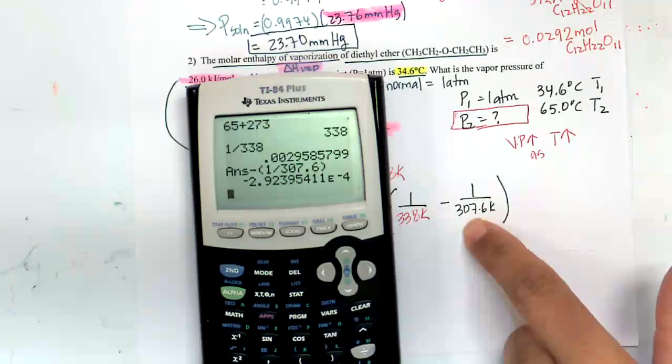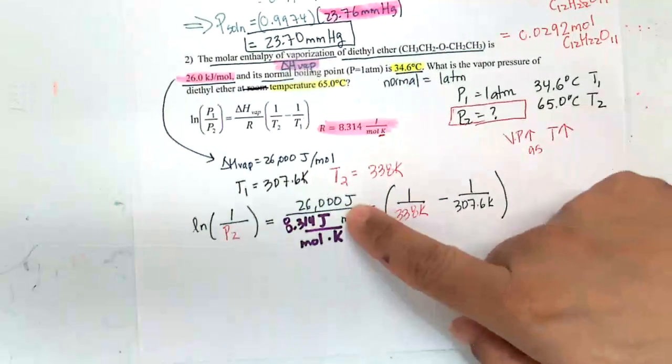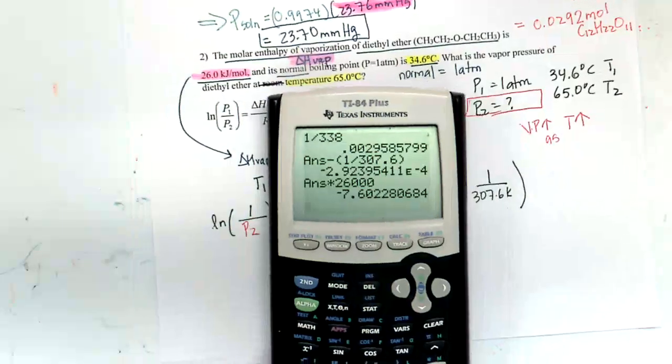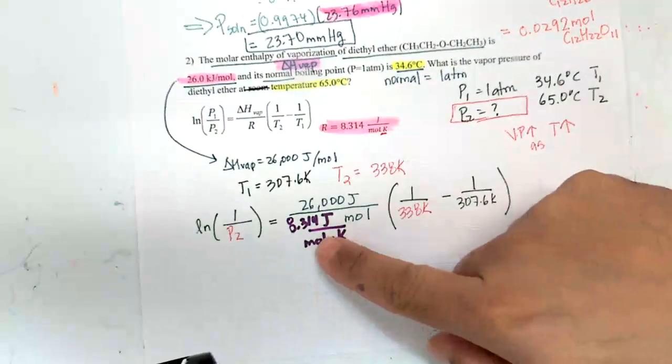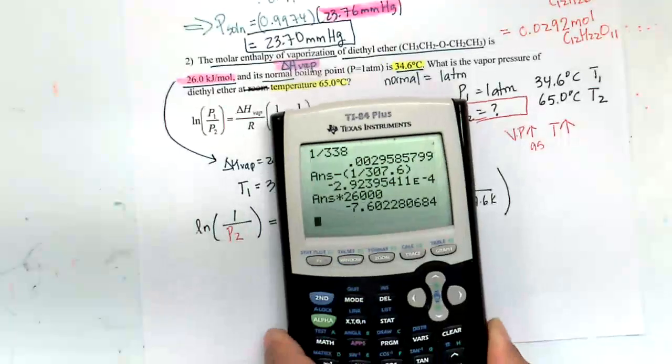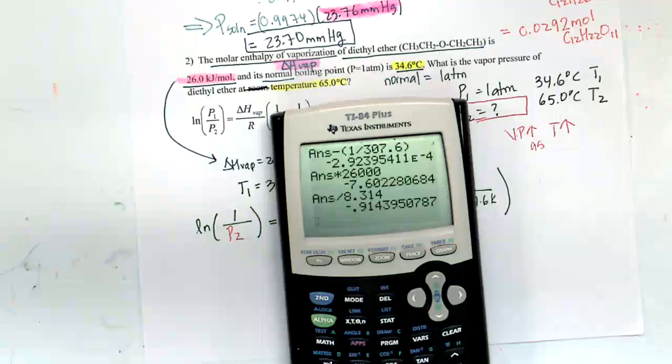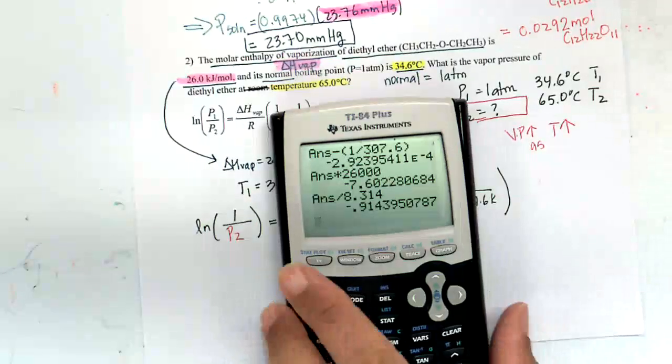Is equal to that messy number times 26,000 joules, and we will divide it by 8.314. We're going to get minus 0.9144. Okay, I'm adding some extra digits here.